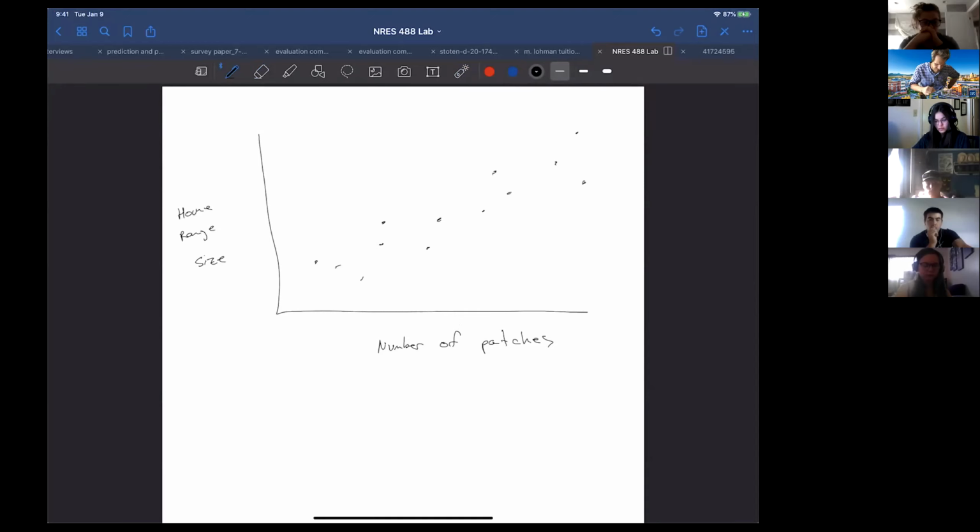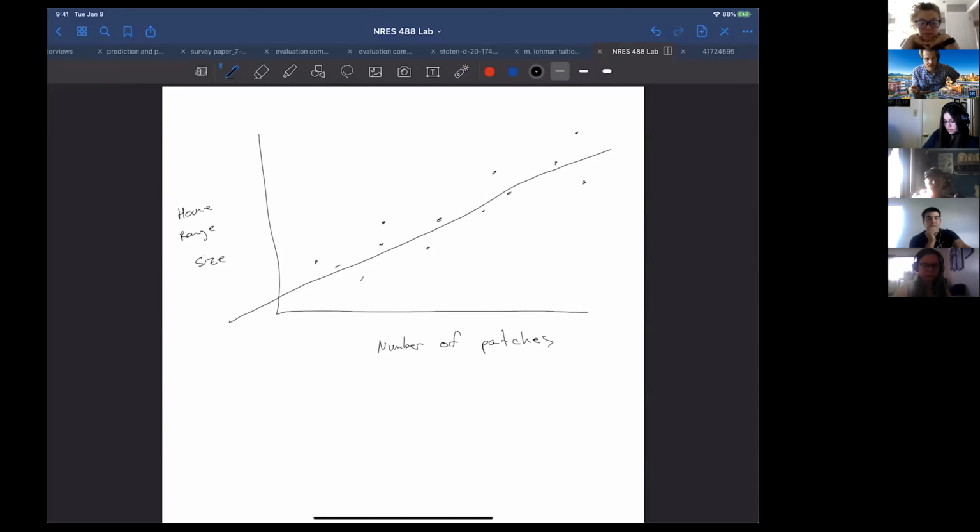And we fit a simple linear regression model to it. The model assumptions held. There was no evidence for violation of model assumptions. So we made inference on this relationship. And the inference was, as the number of patches increases, the home range size increases.